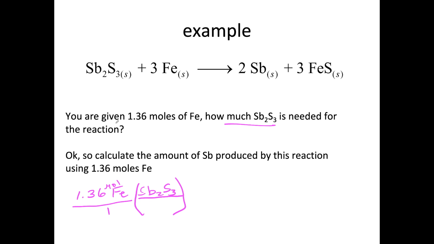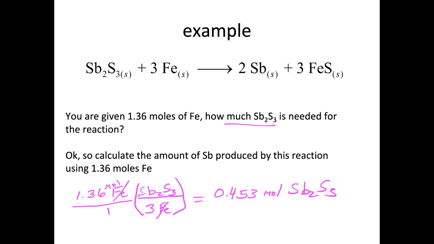It's a 1-to-1 relationship. We've got 1 mole of Sb2S3 and 3 moles of Fe. Now the Fe's cancel, and you take 1.36 and you divide by 3, and you get 0.453 moles of Sb2S3.